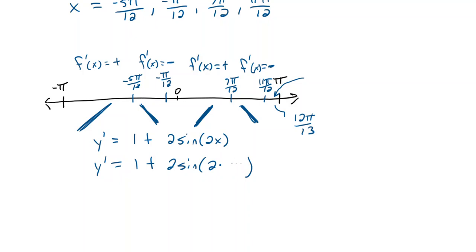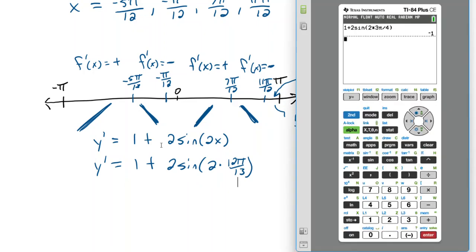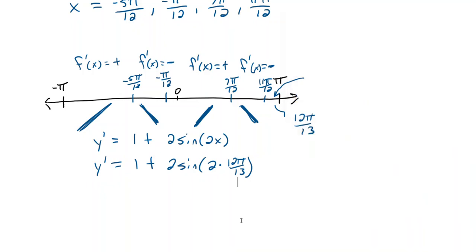So let's do the same thing with 12 pi over 13: 1 plus 2 sine of 2 times 12 pi divided by 13. All that matters is that it's a positive number. So we're increasing here.